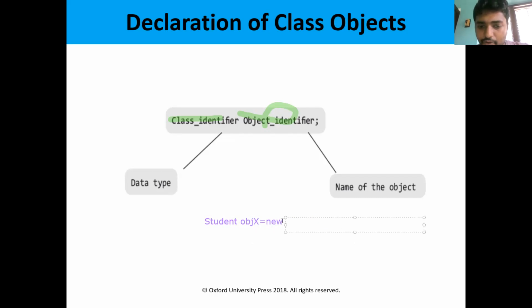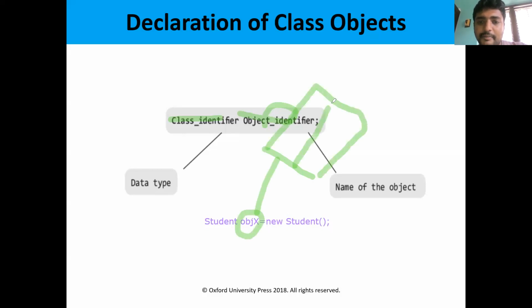If you use the new keyword, then the memory is dynamically allocated for the object objx. Suppose this is the memory: this is for variable x, this is for method add. Some memory will be allocated whenever you create the object by using the keyword new.